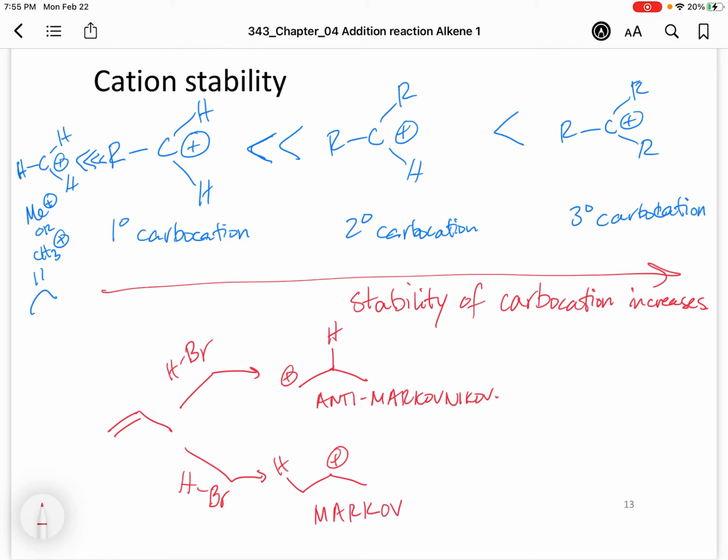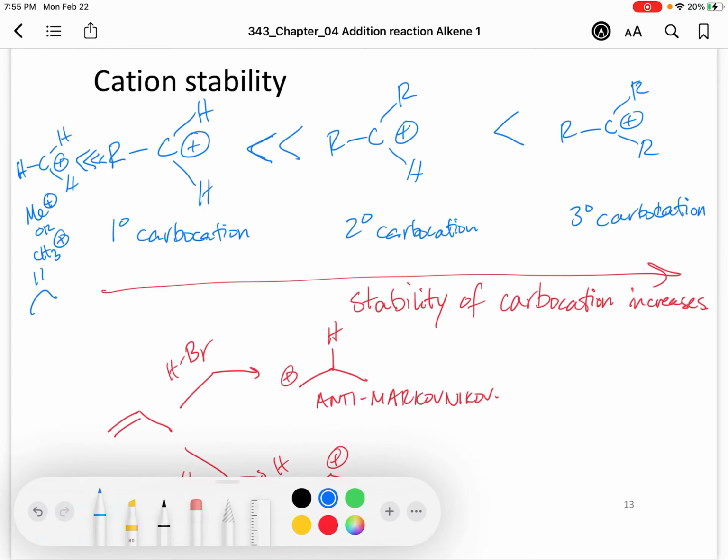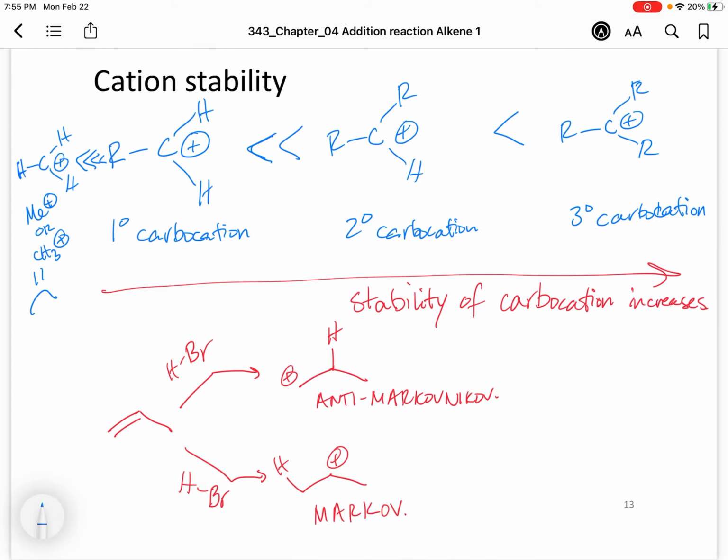I'm going to write Markov so I won't misspell it again. If you look at these two outcomes of the reaction we just did earlier, this one is a primary carbocation, this one is a secondary carbocation. The only difference here is that there are more carbons bound to the carbon with a positive charge.